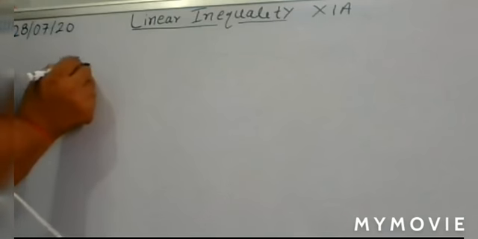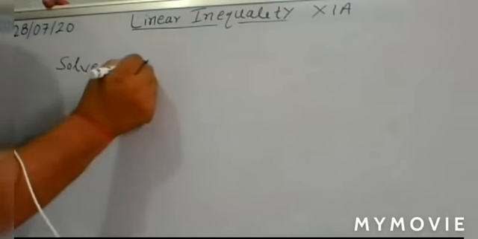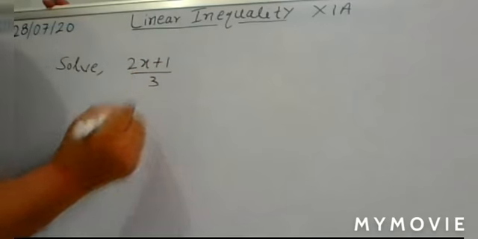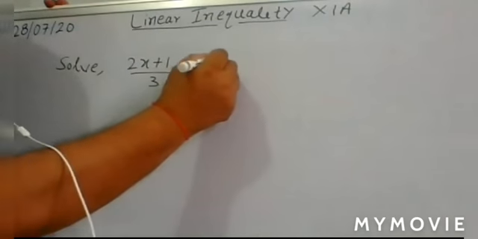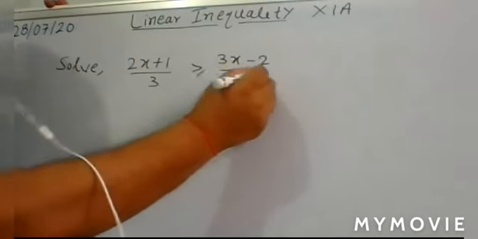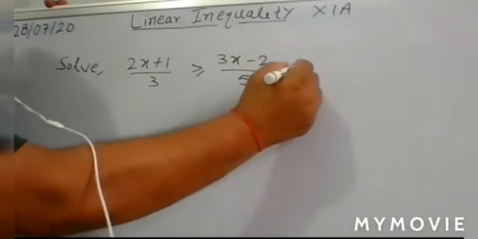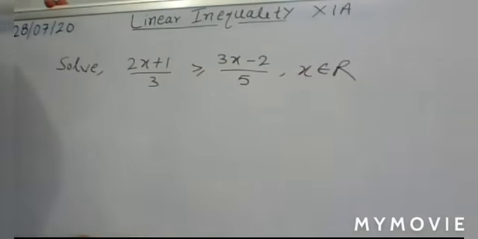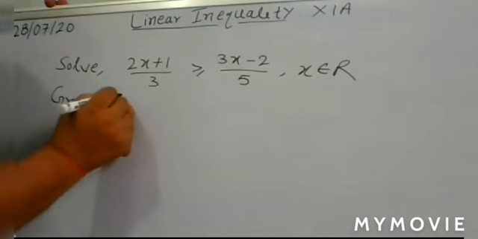Solve (2x + 1)/3 ≥ (3x - 2)/5, x belongs to R. Here it is given x belongs to real numbers.